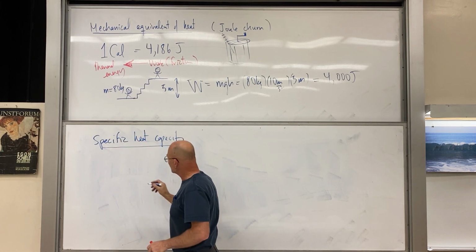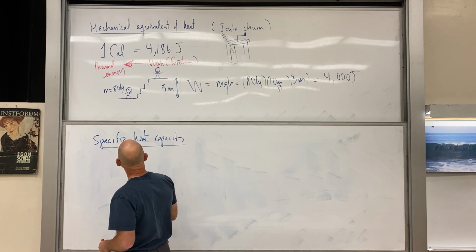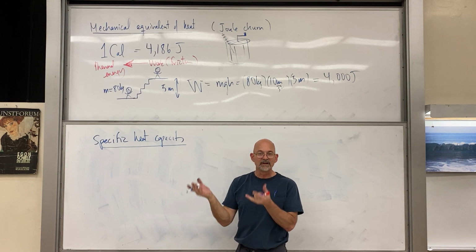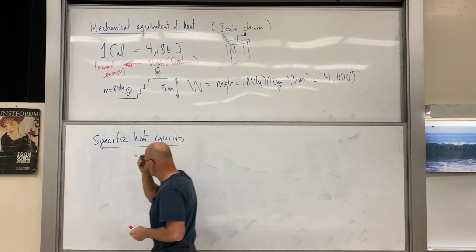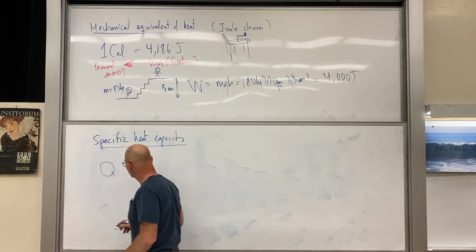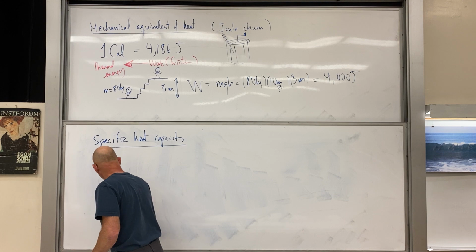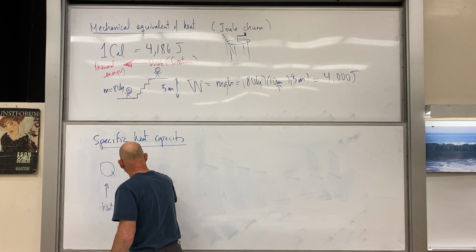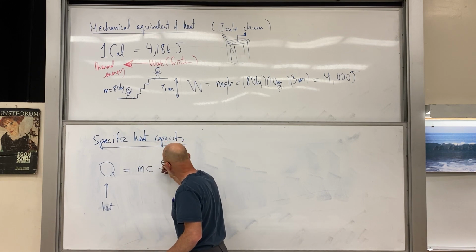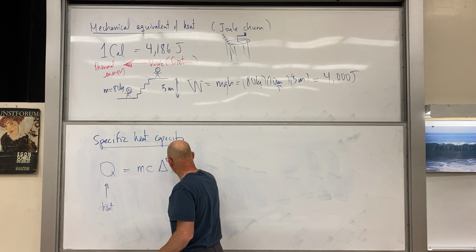So the idea here is that, just as in our picture, we heated something up with the candle and the temperature increased, we can now just say that if we apply some heat to something, so this is going to be heat, depending on the mass and this material property, we're going to get a change in temperature.